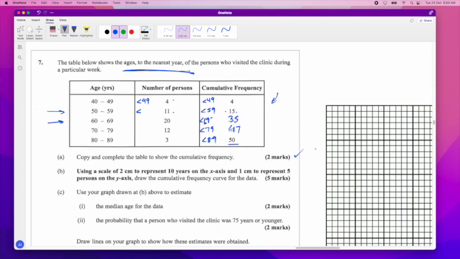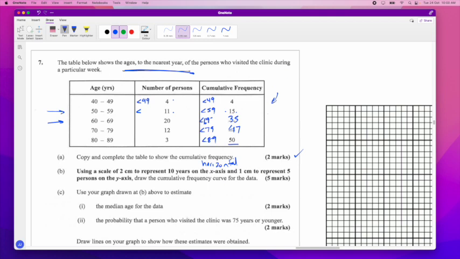That's 2 marks. Ooh, we have to draw a graph using a scale of 2 centimeters to represent 10 years on the x-axis. The x-axis is the horizontal. And you know we usually put frequency, and frequency is the number of people, right?